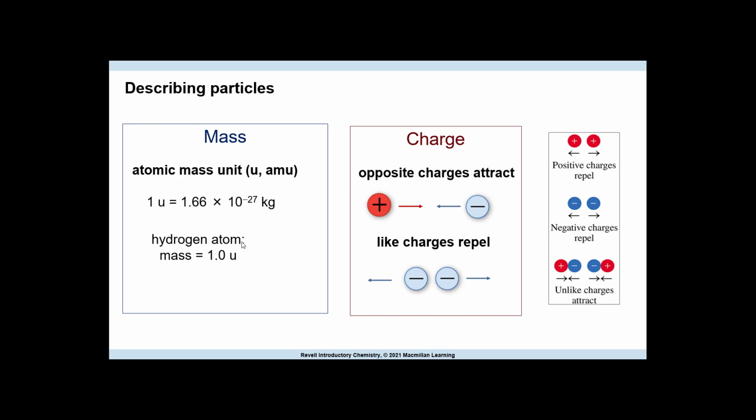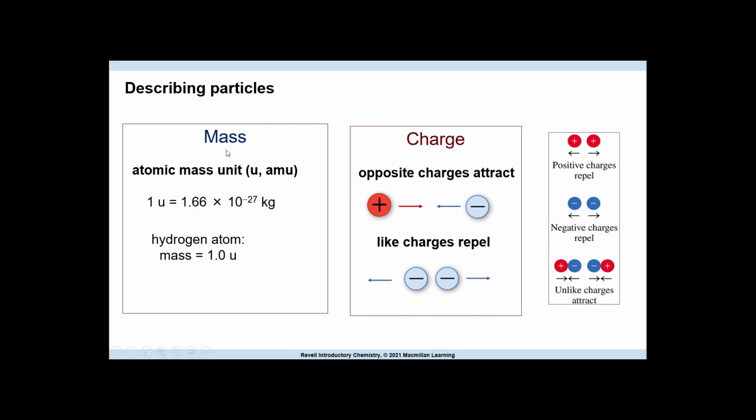When measuring atoms and subatomic particles, we use a unit of mass called atomic mass unit, and it can be represented as a U, and some books will put it as AMU, so I included that as well. These mean the same thing. It's abbreviated, so if you see a U or AMU, they mean the same thing.